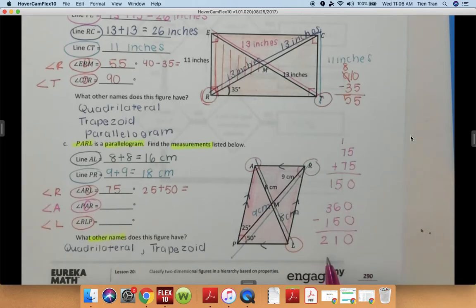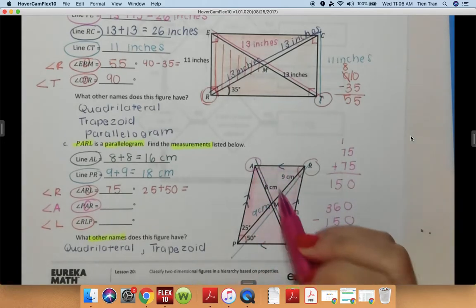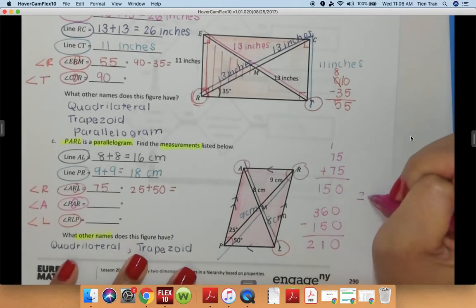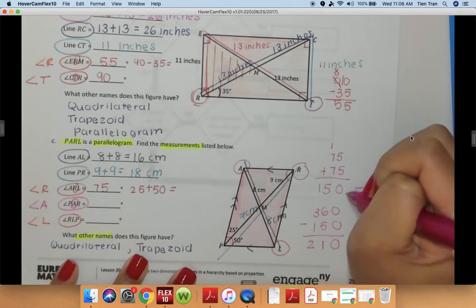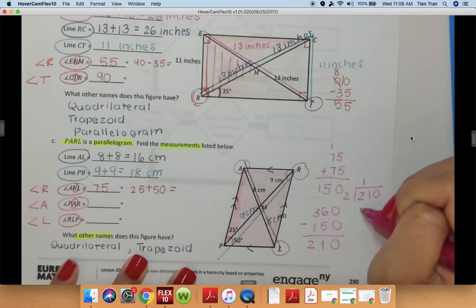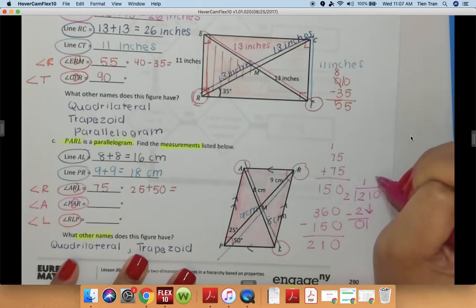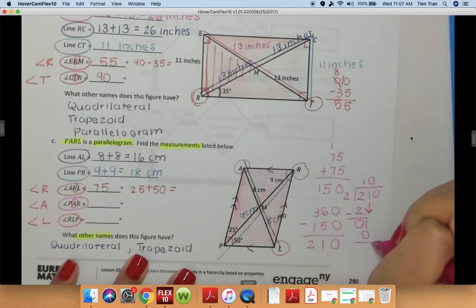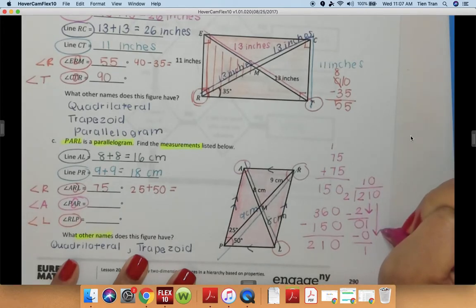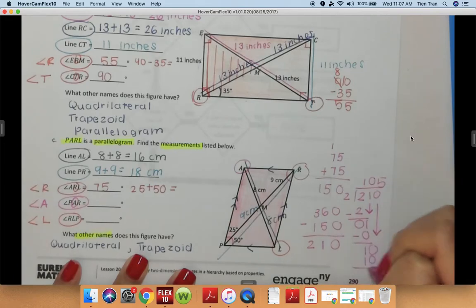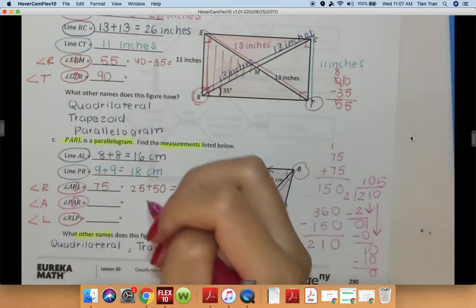I'm not quite done yet because I know that each side is a measurement, so I'm going to divide 210 by 2. I know that 2 can go into 2 once. Bring down my 1. 2 cannot go into 1, so I'm going to put a 0 and subtract. Bring down my 0. 2 can go into 10 5 times. So I subtract and I get 105.